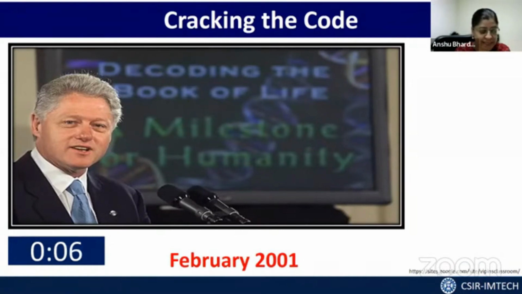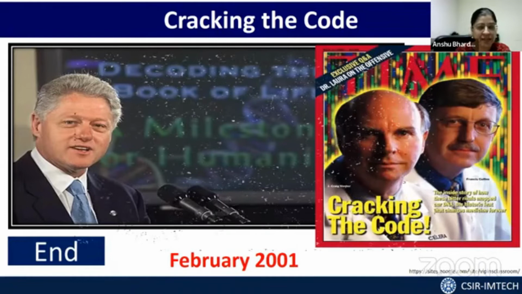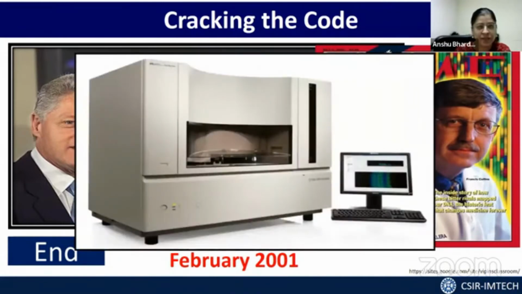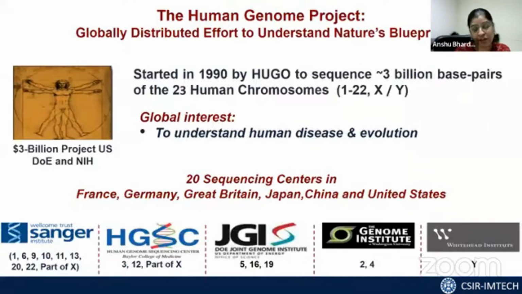This is a landmark event in the history of current biotechnology and data sciences, when we launched the draft of the Human Genome Project, right? And this is the big machine that at that point was used to sequence it. It took effort from several countries and a very large number of sequencing centers to give us the first draft of the human genome sequence, which was 23 human chromosomes with 3 billion bases.